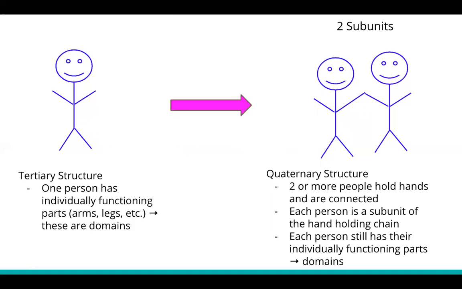Then when I hold hands with Chi-Chi, each person is a subunit of the hand-holding chain. So holding hands is like subunits combining together to make one big protein, or in this case a group of people.